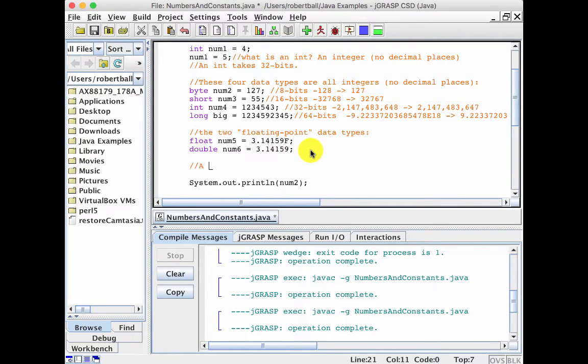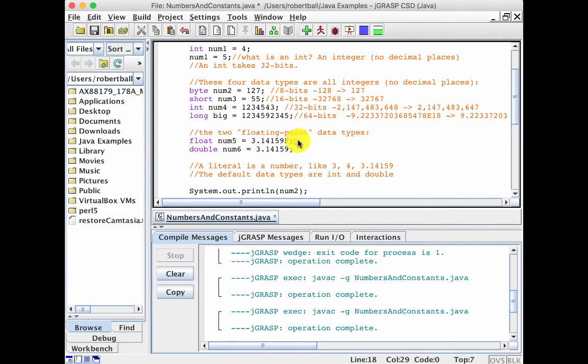The reason we have to put an F here is this is a literal. So what's a literal? A literal is a number, like 3, 4, and our 3.14159. The default numbers, or default data types, are int and double.